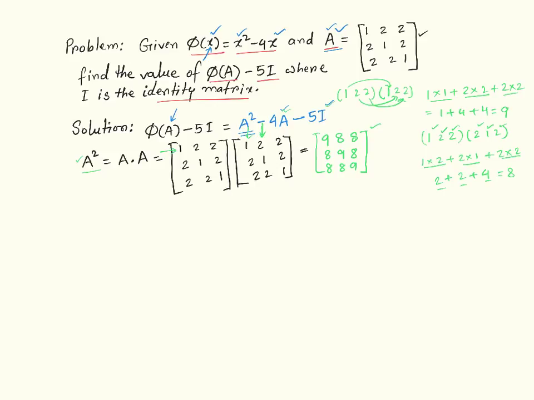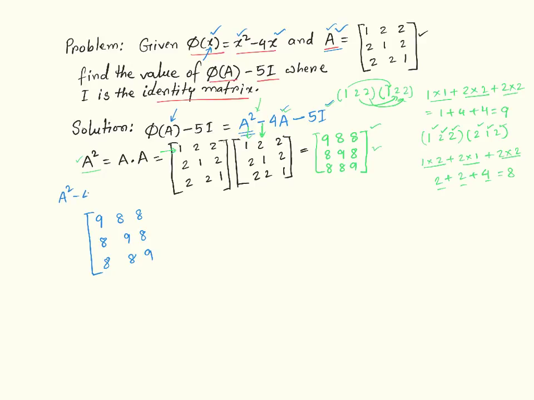So all I have to do is take this value and plug it into this. My A square is going to be just this matrix, 9, 8, 8, 8, 9, 8, 8, 8, 9.